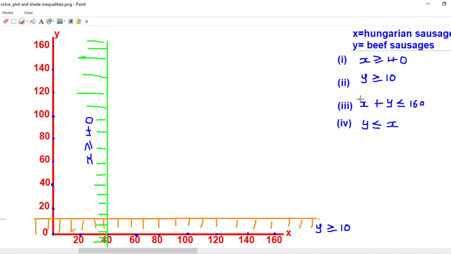So we have x plus y is less than or equal to 160. To shade this inequality, let me just show you what we can do. I'll need to draw this box here. I know you can just look at it and go ahead and solve it.